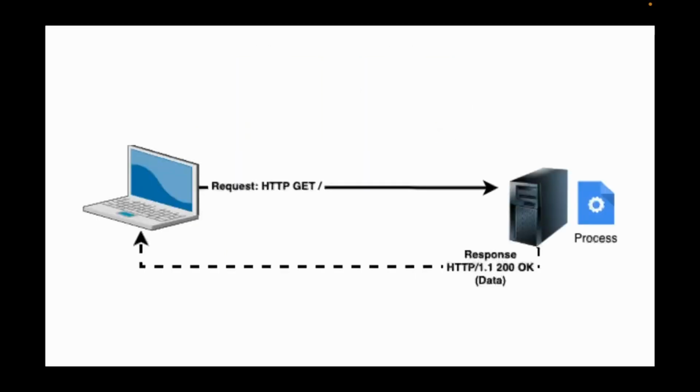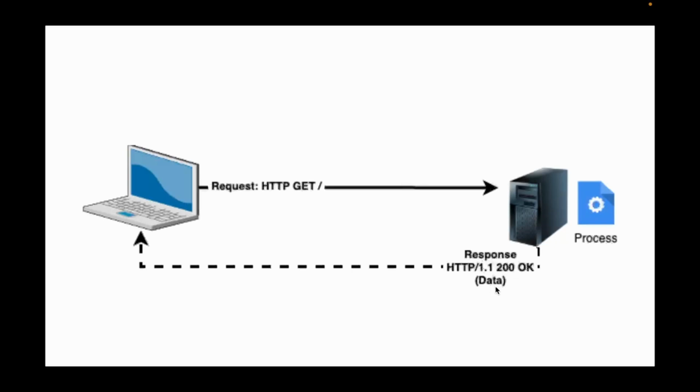Okay, so whenever we request a server we make an HTTP GET request. Whenever you type opsrace.com, this is a GET request by default. All the requests that are initiated or triggered from the browser through the URL bar are GET requests. The server processes the data and then responds with the data.